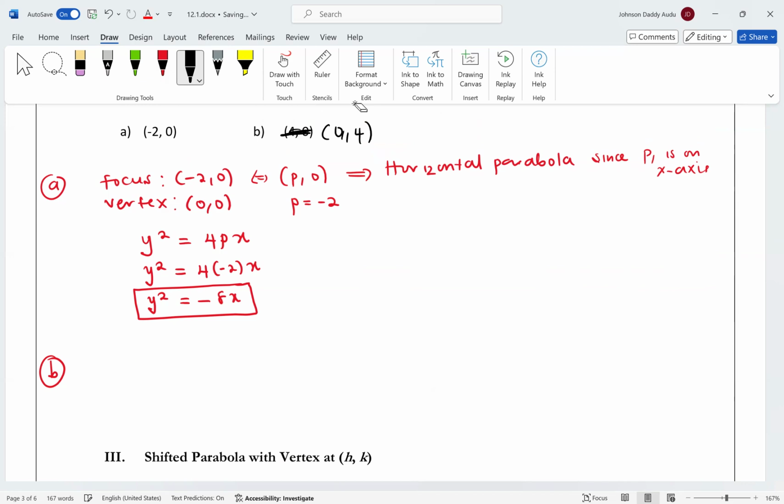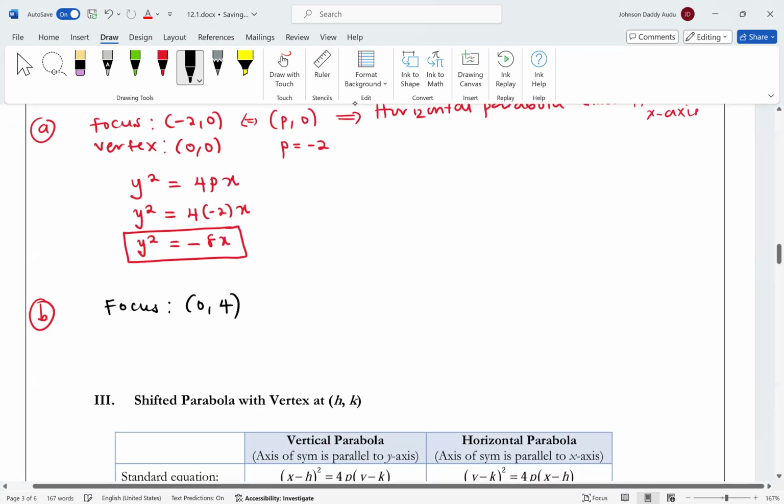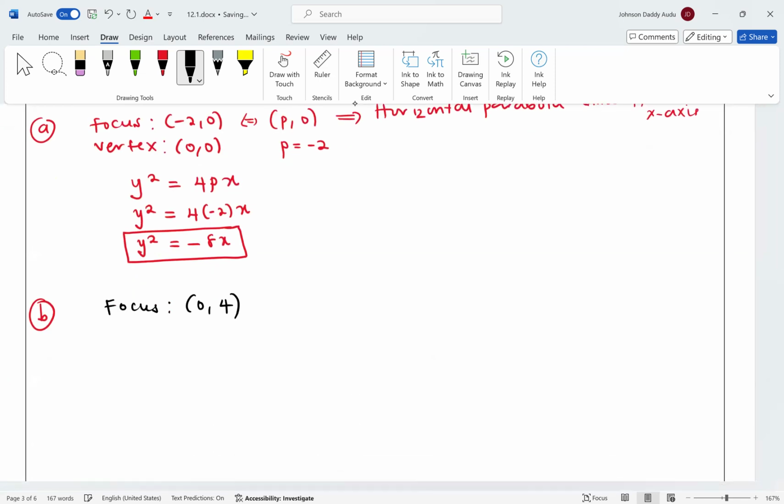So it means we're using the focus to be 0 and 4. So if the focus is 0 and 4, all you need to do is to compare with P. So this means that we are dealing with a vertical parabola.